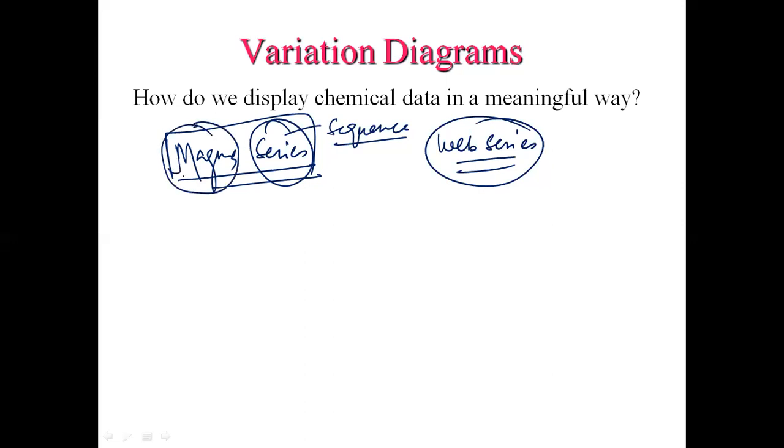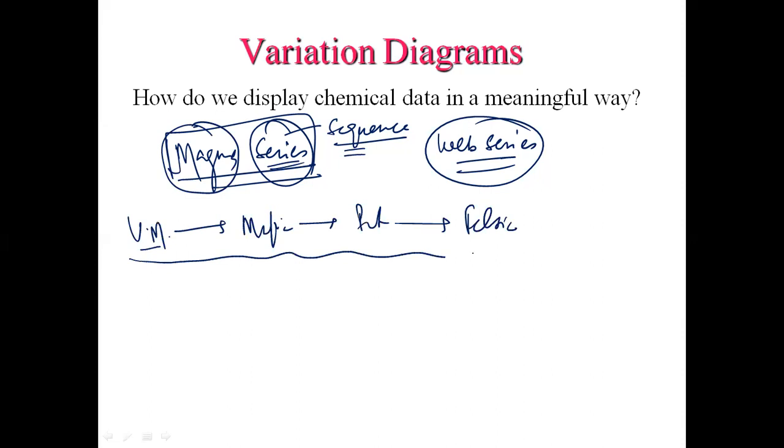It means your different magmas are arranged in a particular sequence. Magma series means when you are moving from ultramafic rock to mafic, to intermediate, to felsic. If your magma evolves like that, if it follows this path, this is called a magma series. So can you also call it a rock series? Is there any difference between magma series and rock series?